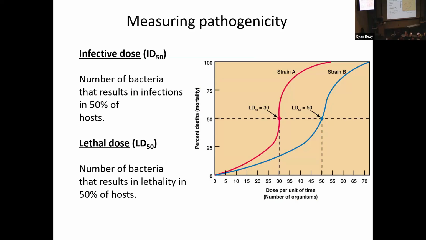The infective dose is the number of bacteria, or it could be viruses, just the number of a particular pathogen, that results in an infection in 50% of hosts. So for instance, if you put 50 bacterial pathogens into a mouse, 50% of the time the mouse gets sick.